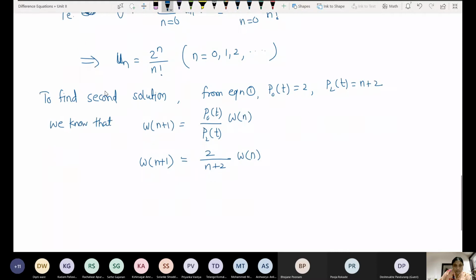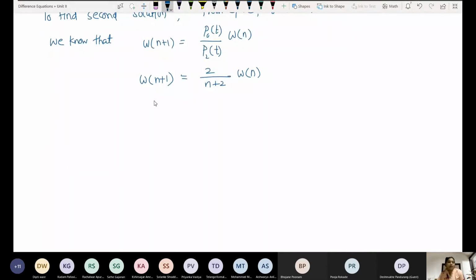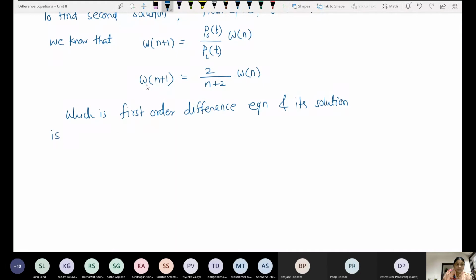Now this is again a linear first order difference equation. What is its solution? W at n is given by the product from s is equal to 0 to n minus 1.